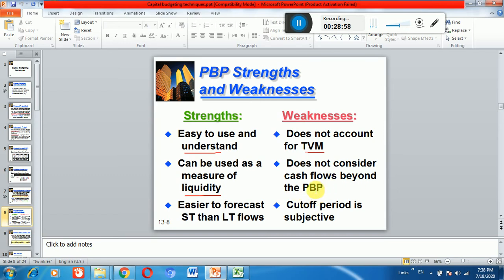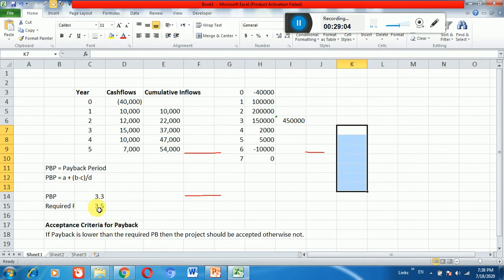The cutoff period is subjective. It means the cutoff period you have decided, 3.5, is subjective. If you have decided that your required period is 3.5, and the project gives you your initial investment back in 3.3 years, then according to your requirement the project is good.